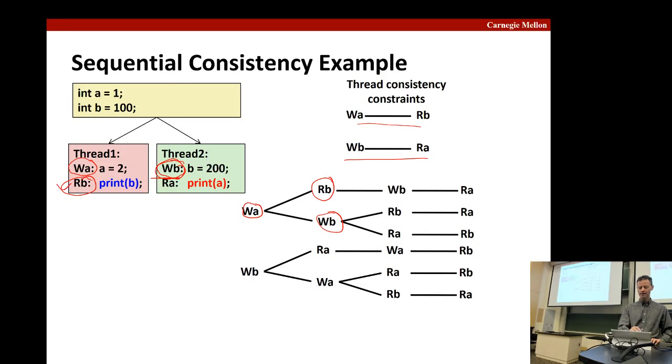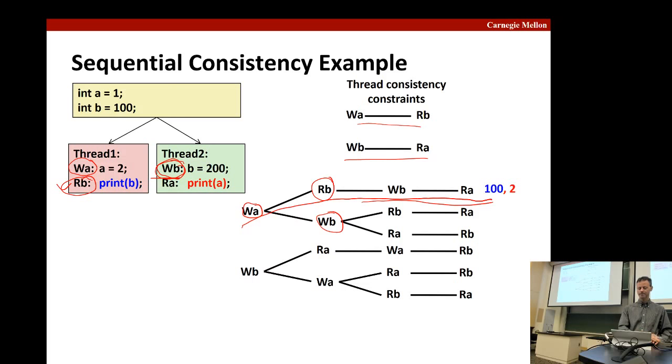If it's the read of B, then you're basically done with thread 1, because it's done its two operations. The only thing that can happen the rest of the way is thread 2 gets its two operations done. So if this is the order in which things conceptually happen, what gets printed? 102.